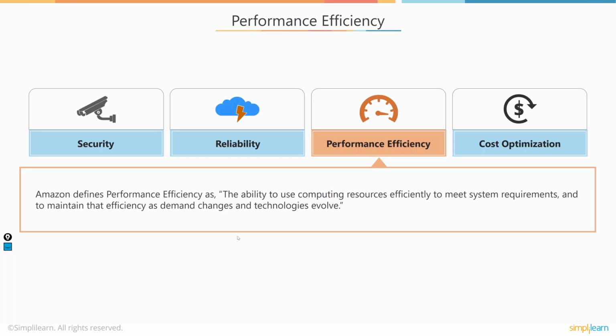Performance and efficiency. Amazon defines performance efficiency as the ability to use computing resources efficiently to meet system requirements, and to maintain that efficiency as demand changes and as technology evolves. Because Amazon is an extremely elastic environment, and elasticity is something you're going to hear a lot. In fact, if you think about it, every service that you can think of in AWS is elastic.